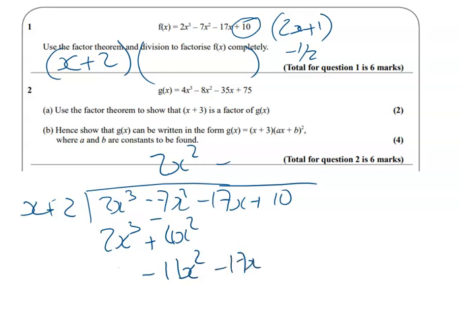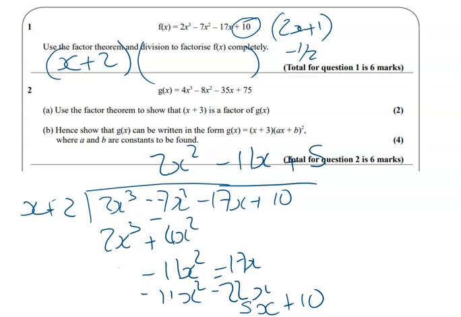We're going to divide and get minus 11x, times it back, minus 11x squared, and minus 22x. We're going to subtract, which is going to give us 5x plus 10. I'm going to divide that by x. We're going to get plus 5, times that back, we're going to get 5x plus 10, which is nothing.